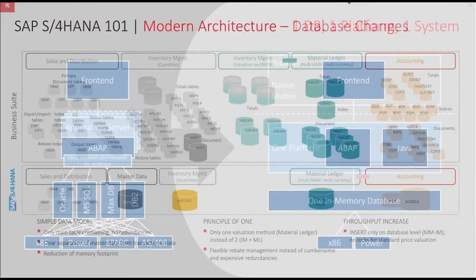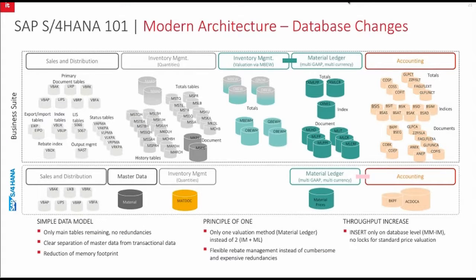Now, this change to a modern architecture has allowed SAP to make some significant changes to the structure of the back-end database. Now, you may say, what difference does that make? Why should I care about that? Well, the important thing here is that we can now deliver a massively simplified data model. So most of the non-core tables have been removed from the S/4HANA database schema.